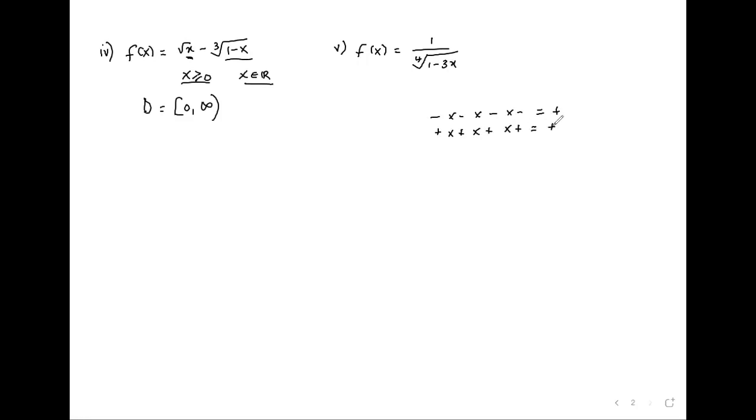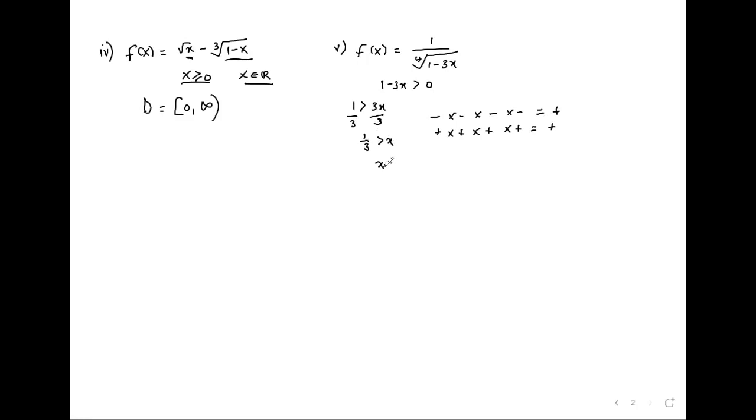That's the reason why we demand that the inside must be greater or equal to 0, but the equal to part won't be mentioned now because what we have is in the denominator. So we'll just deal with 1 greater than 3x, divide by 3, divide by 3. So 1 over 3 should be bigger than x.